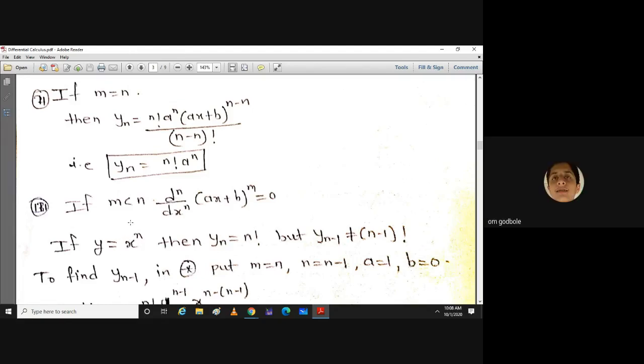It is n factorial, because the coefficient of x is 1, so 1 raised to n will be 1. But what about the n minus 1 derivative of this? Will it be n minus 1 factorial into x?